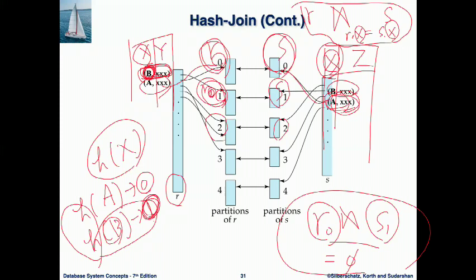If records having A are assigned to R0, then all records having A in relation S will fall into S0. It will never fall into S1. Therefore, matching records must have the same indices. So you just need to join R0 with S0, R1 with S1, R2 with S2. So that's the key idea of hash join.